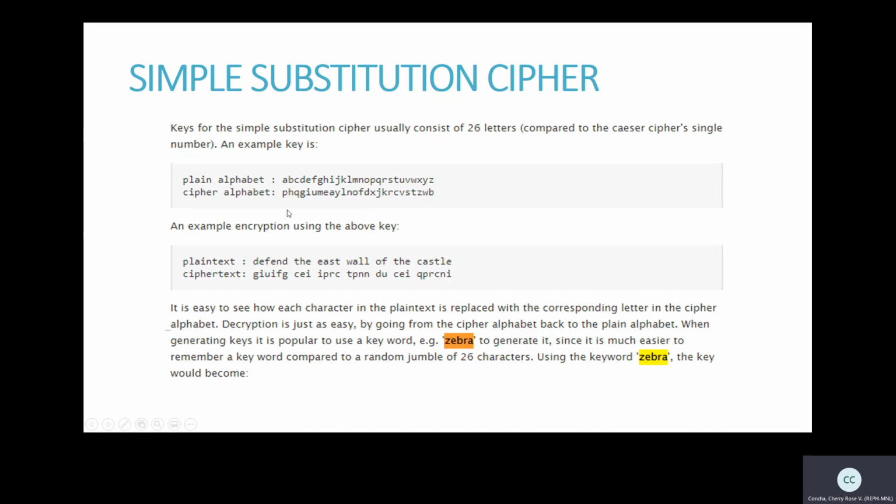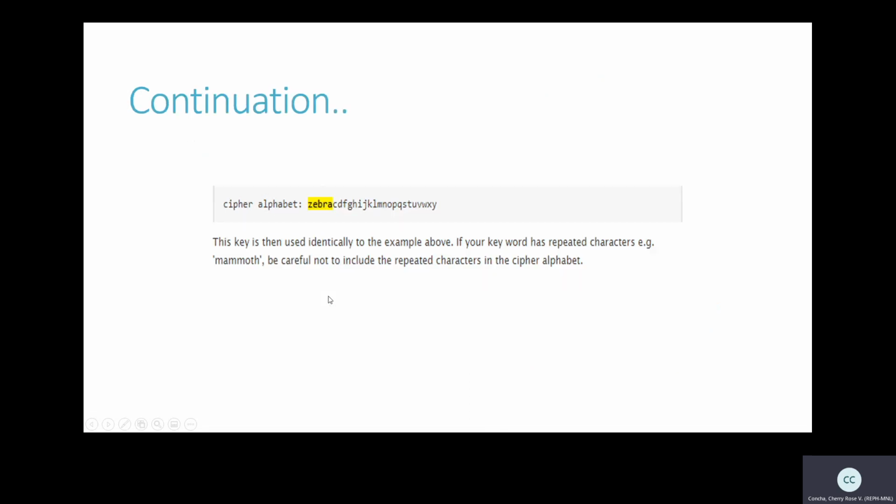So ang gagawin nyo kasi, gagawa kayo ng ganito, i-align ito hanggang Z, para makita nyo. Okay? Nagets ba? Pag may question, let me know. So, zebra. Sa zebra kasi, ang equivalent ng Z sa plain text alphabet is A. Ang equivalent ng E sa plain text alphabet is B. So on and so forth.